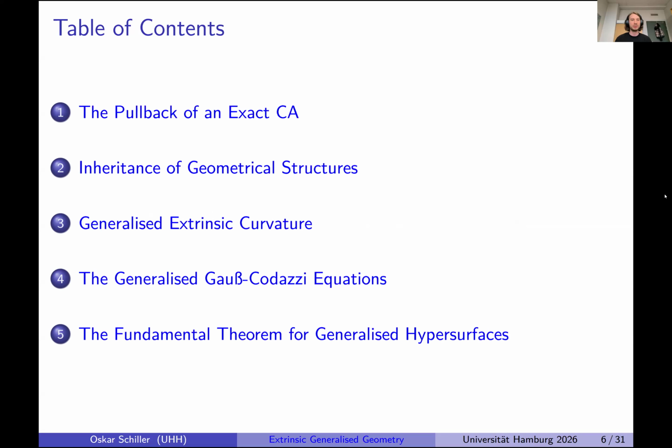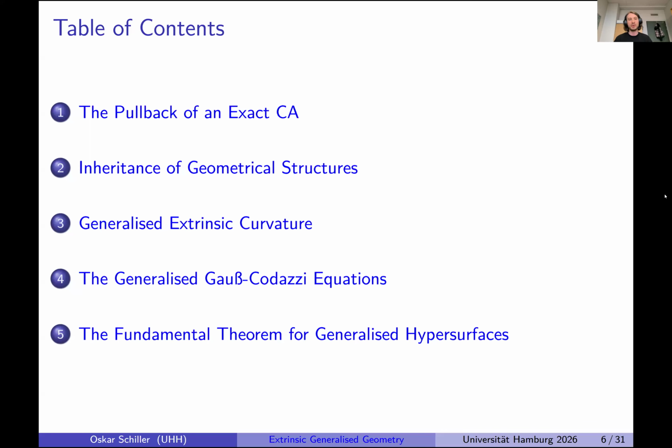At first, I will introduce the pullback of an exact Courant algebroid, which is a method of studying the Courant algebroid over the hypersurface, or in general over a lower dimensional immersed submanifold.